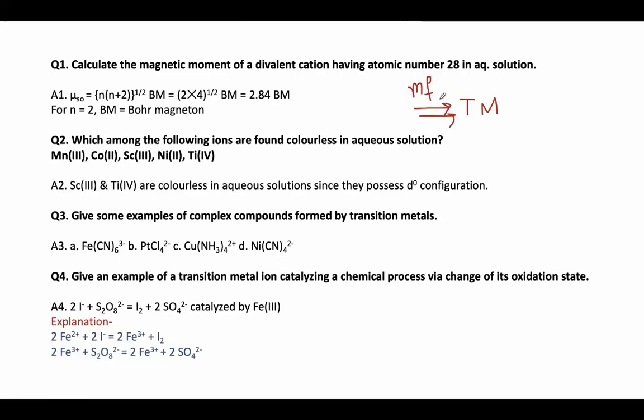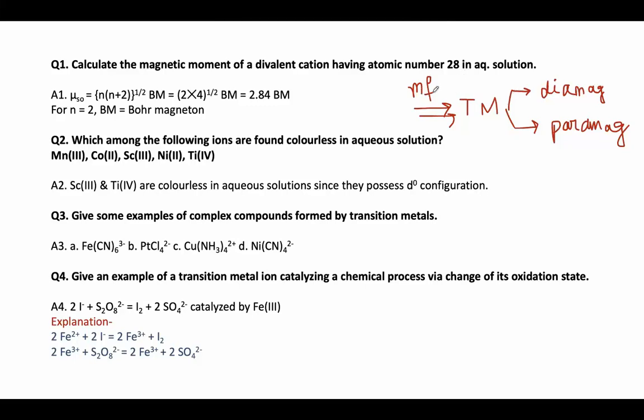So when a magnetic field is applied to a transition metal, mainly two types of magnetic behavior we will see. First one is the diamagnetic behavior and the second one is the paramagnetic behavior. Diamagnetic substances are those which are repelled by the applied magnetic field.